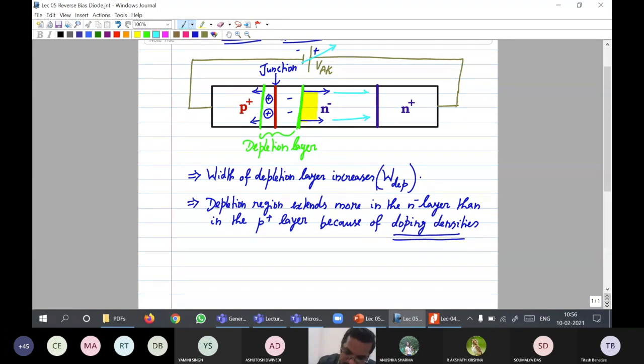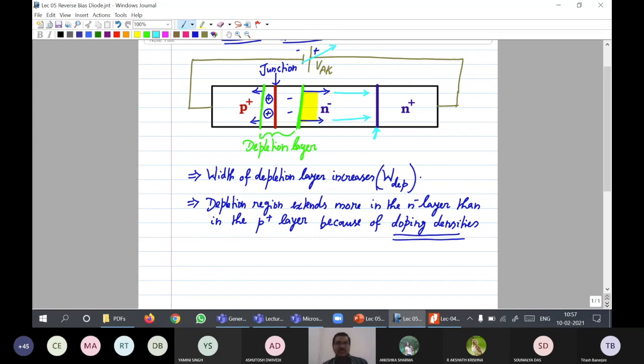At some point, depending on the thickness of the n minus drift layer and the applied anode to cathode reverse bias, if the depletion layer touches this interface, then that diode is called a punch through diode. Whereas if the depletion layer does not touch, then that diode is called a non-punch through diode. So these are the two categories of power diodes: punch through diode and non-punch through diode.